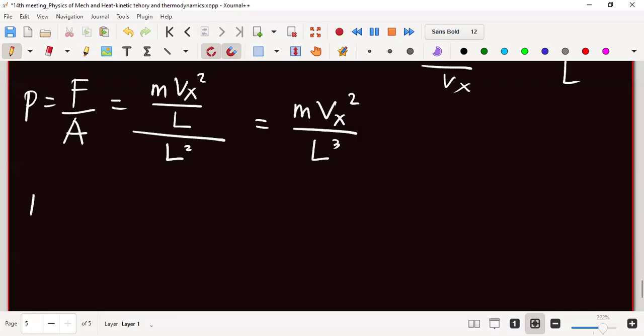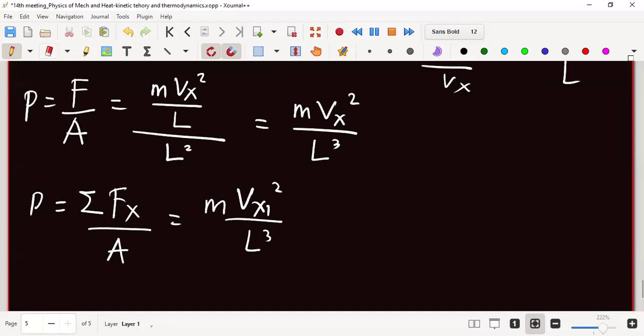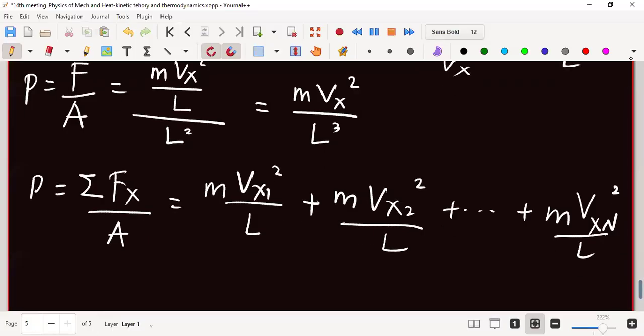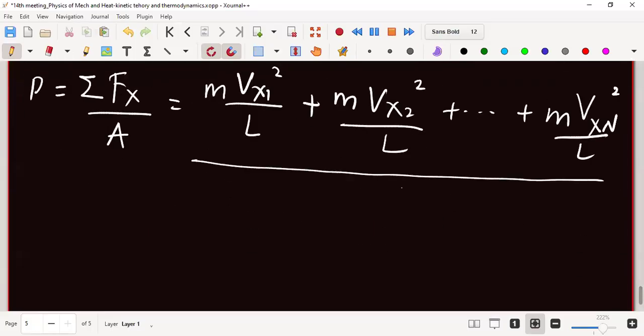We can say that P, the total pressure, is equal to the total force in the x axis divided by area. So we can write m Vx1 square divided by L, and then we can add m Vx2 square divided by L, up to m Vxn square divided by L. So if x1, x2, and xn are assigned to the first atom, second atom, and n-th atom, we divide by A. A is the area, which is L square.